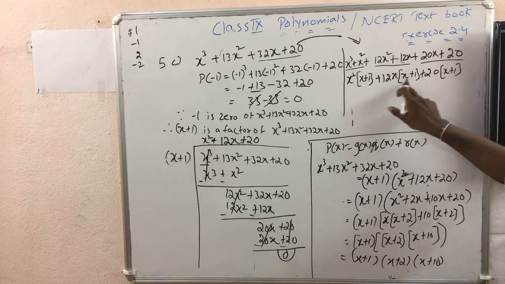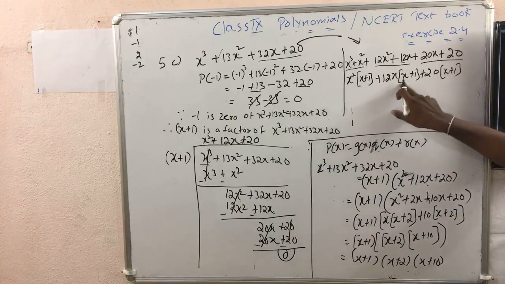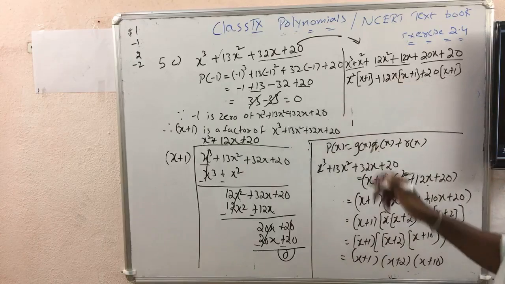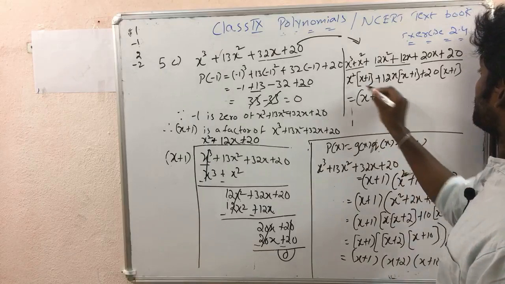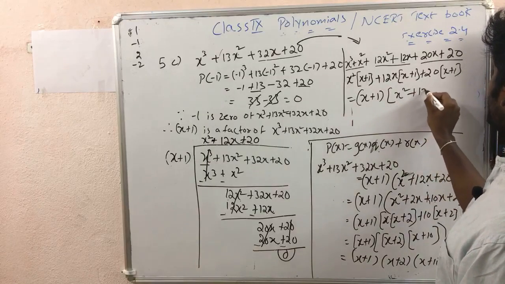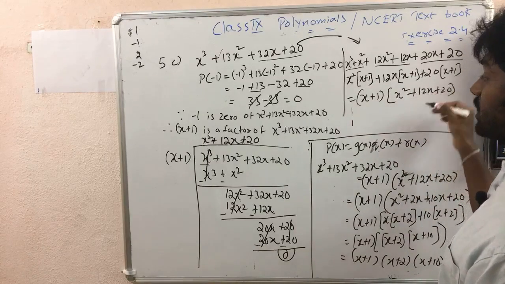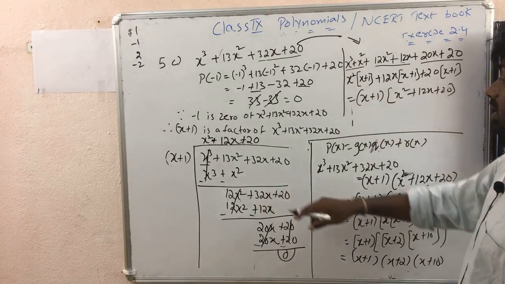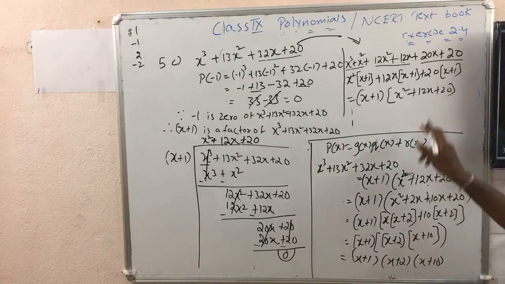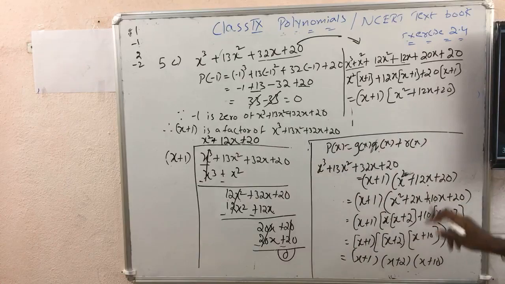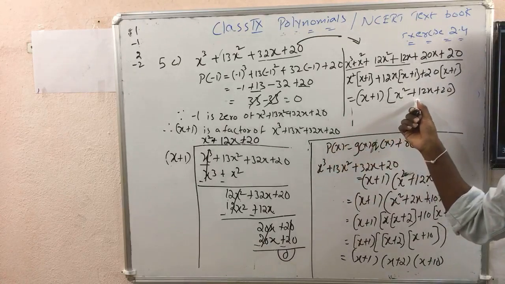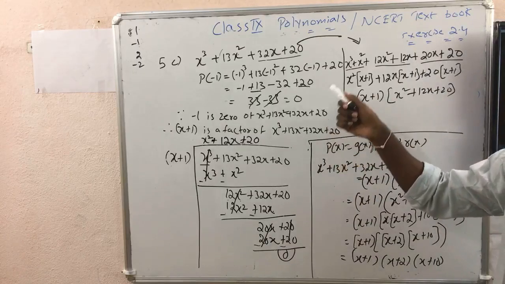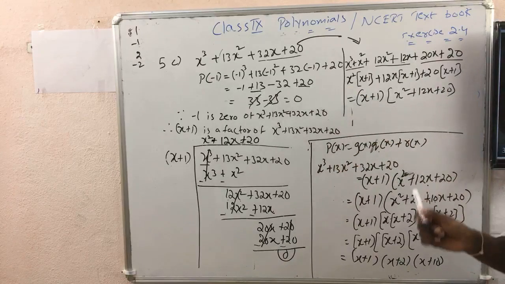So all these three terms have the common factor x plus 1. Now I can write this as x plus 1 into x square plus 12x plus 20. Then you can go for the splitting method. Any doubt in this method? Here we can skip the division, but we have to again go for the factorization.